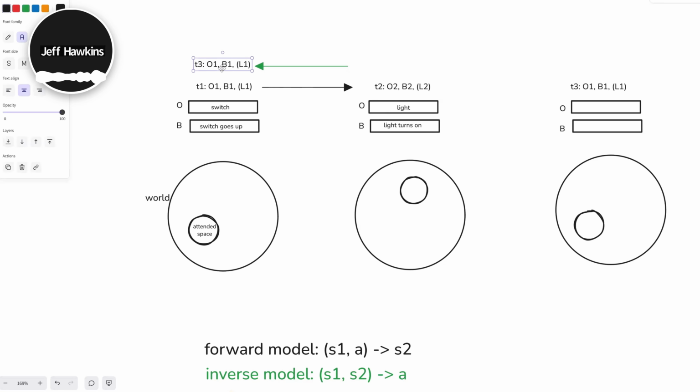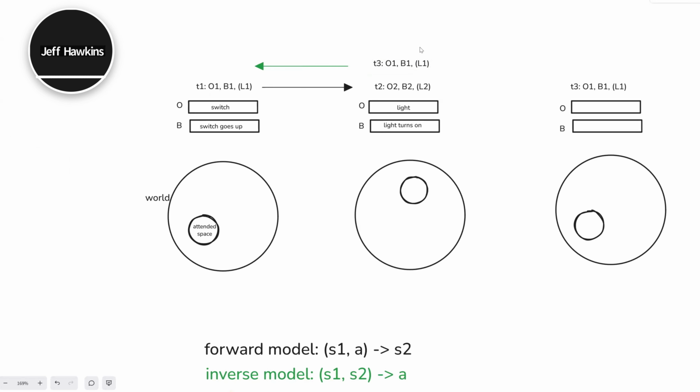Hang on, just bear with me so I can make this work. T3 is imagining it turning on, and then that goes back to here. Like T4, something like this. Object one, which is a switch. Yeah, something like that.